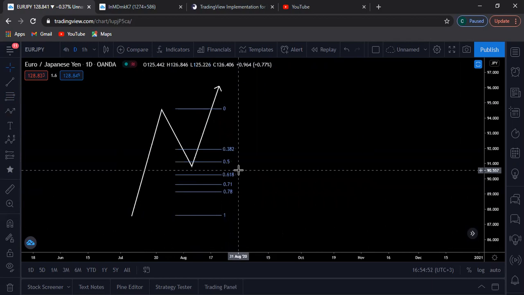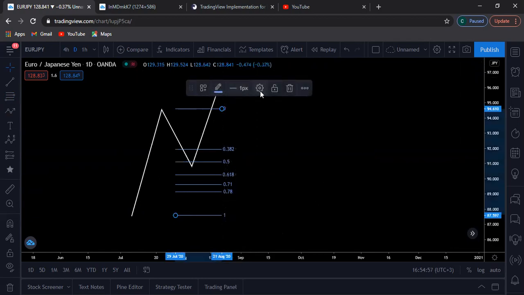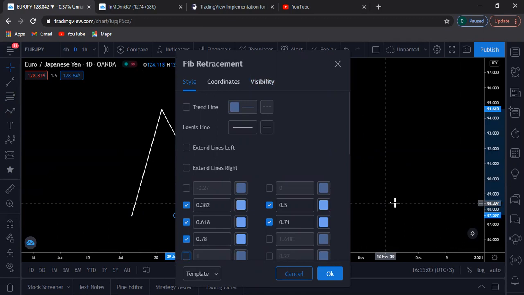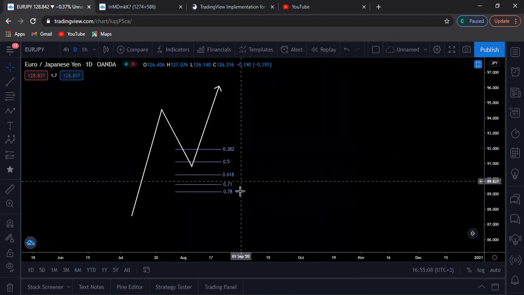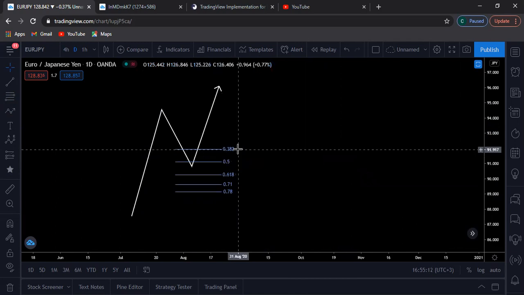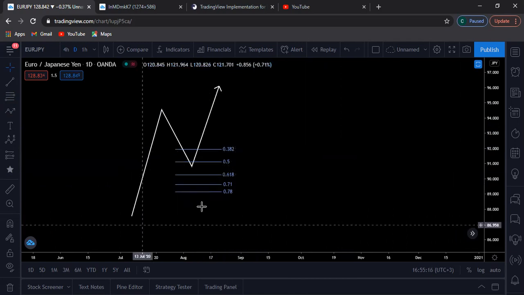Now, as you can see, there are a lot of levels. Each level has its own representation, right? Now, with me, I don't like complicating things a lot, so I always remove the 0 and 1 because I know where the wave ends and where the wave begins, right? Now, we're only left with these 5 levels. Among these 5 levels, you can see there's 0.38, 0.5, 0.618, 0.71, and 0.78.